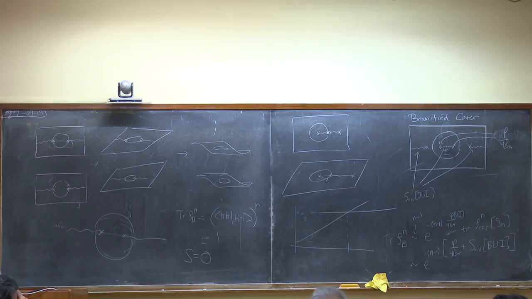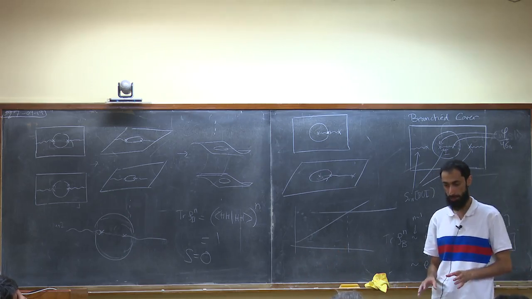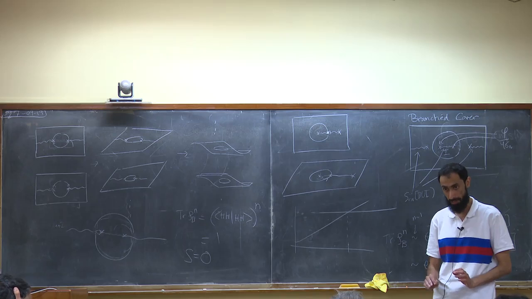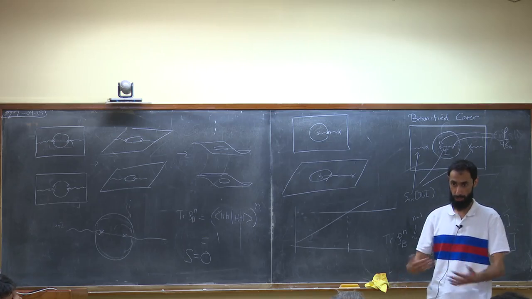All I'm saying is that the location of the quantum extremal surfaces does not care about S naught. But when the minimality condition kicks in to switch which one wins, that does depend on S naught.